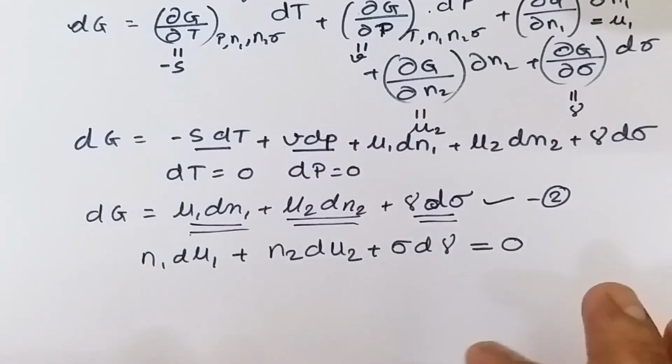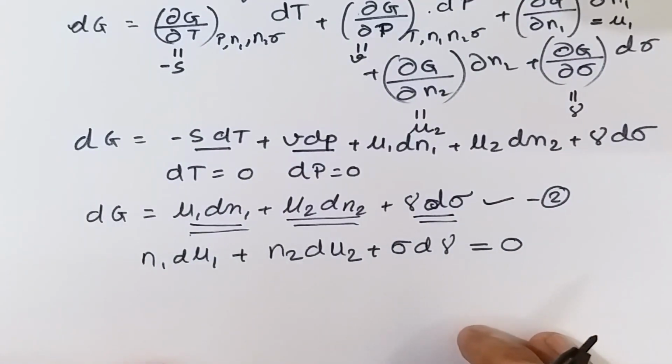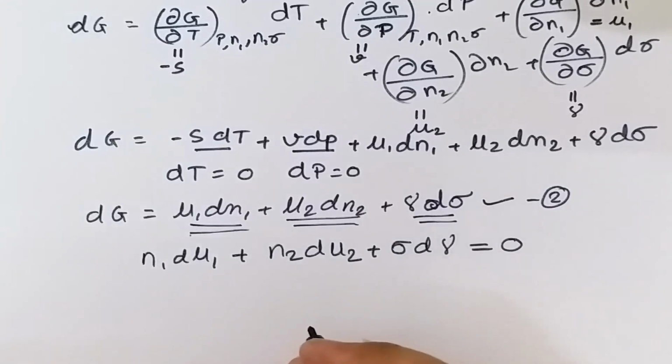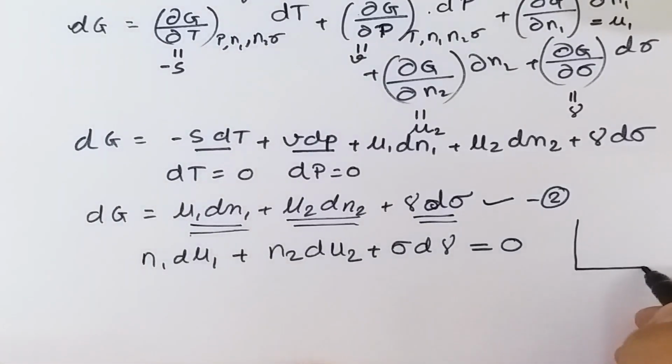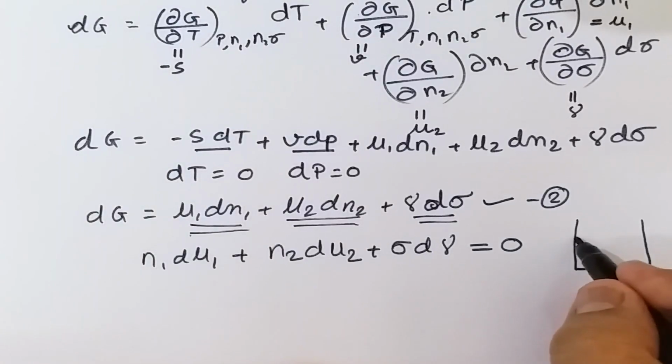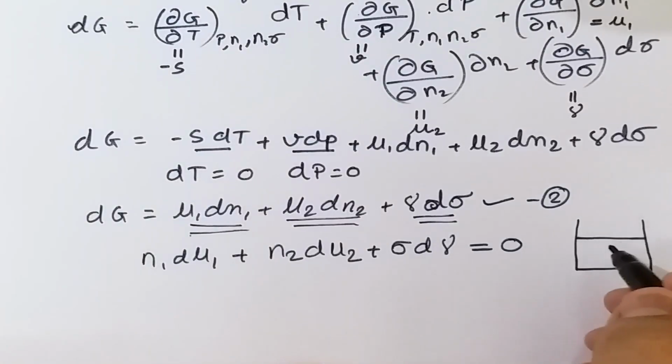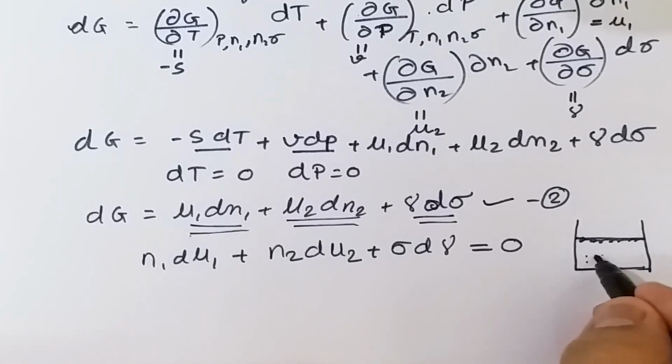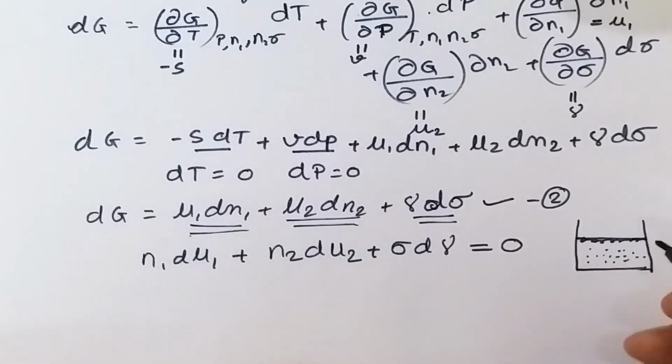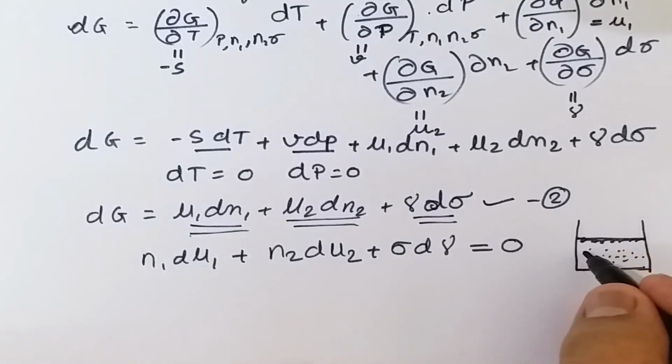Okay, further we can divide our system into two parts. As we have discussed earlier, the forces at the surface, or the number of solute molecules at the surface, are different from the number of molecules present in the bulk of the solution. So we can generally divide our solution into two parts.